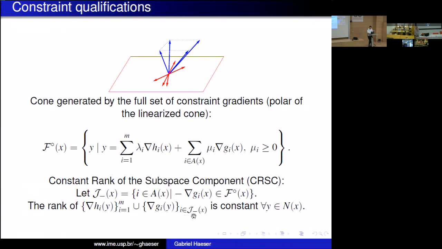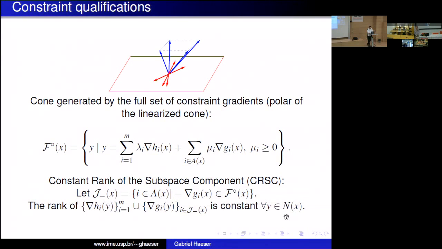It turns out that this is precisely the set of indexes that should remain with constant rank. So our condition we call constant rank of the subspace component. This is the subspace component of this cone, and we ask that this set of vectors that generate this subspace has constant rank in a neighborhood of the point.